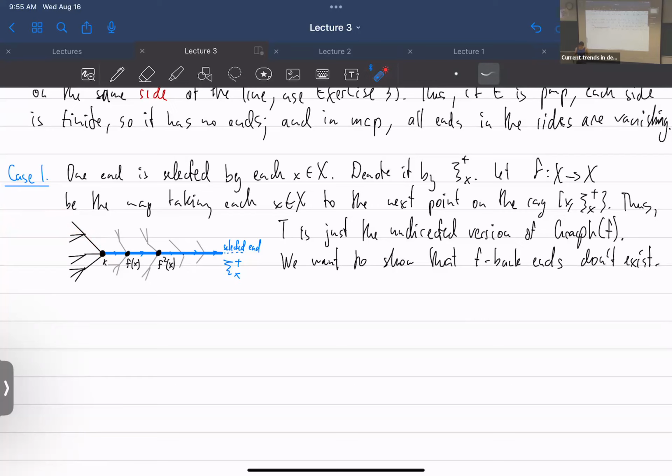We will violate mass transport by sending the mass of X behind it to all of its preimages. So each point x is going to give mass 1 to all of its preimages. How much mass does each x receive? Just 1. It has one forward image, so it receives just 1.